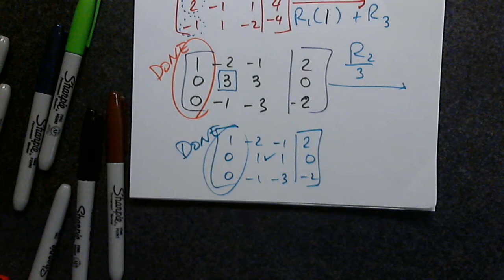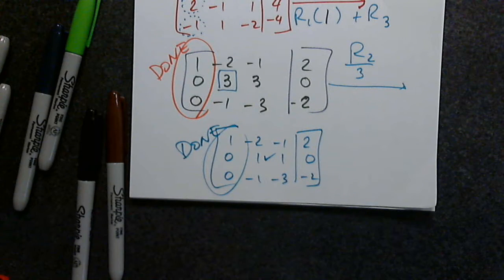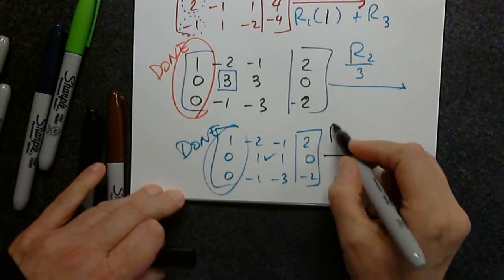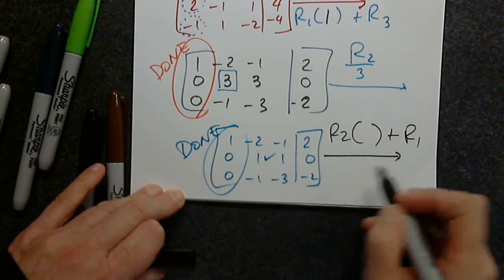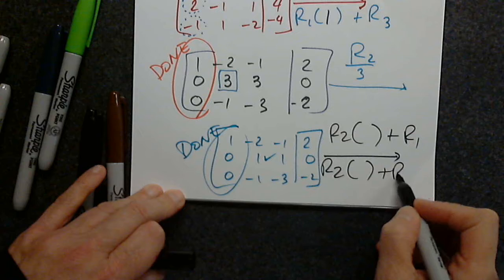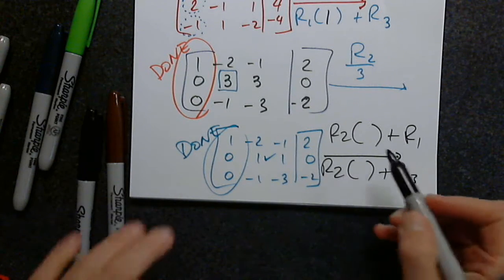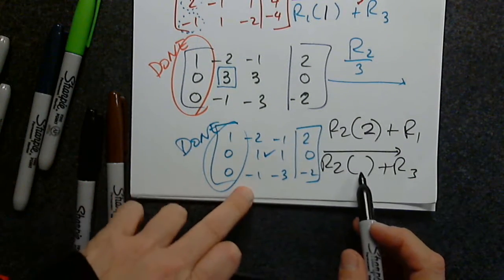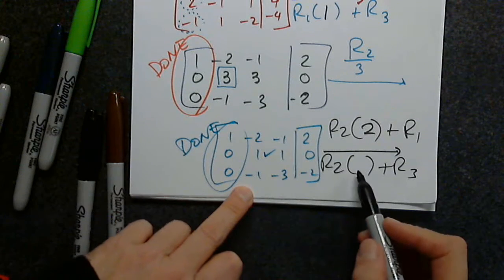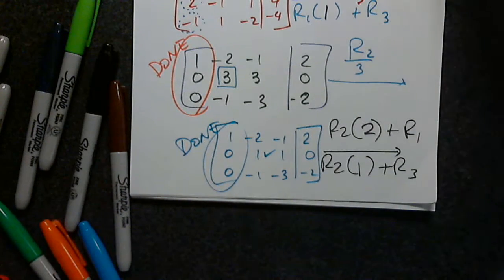So which row will I use now that will not change? Yes. Row 2 needs to be multiplied by something so we can get rid of the -2 and the -1. Yes, the top one needs a 2. Very good. And this one needs a 1 again. Very good. Awesome.